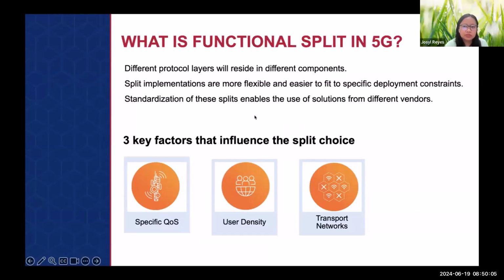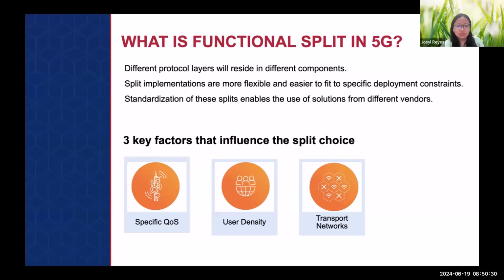This way, there's a possibility to deploy different models depending on the needs of the mobile network operators. By standardizing the different possible splits, how the protocols are assigned, this would enable the vendors to follow similar standards.